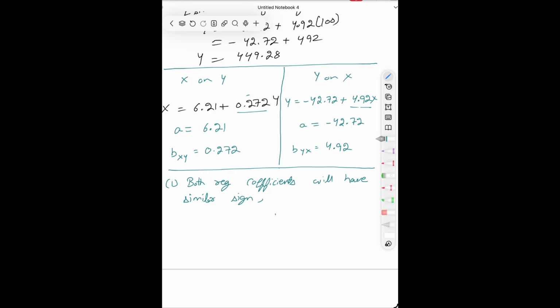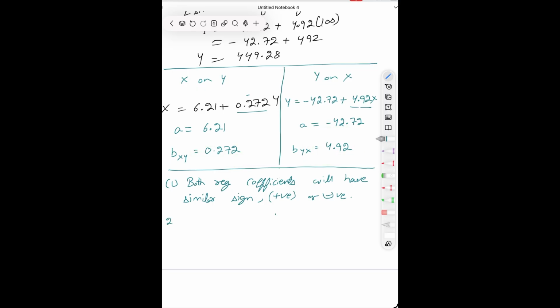That is, both will be either positive or negative. It is not possible that both have different signs, that is, one is positive and another is negative. You can see in our case also, both bxy and byx have a positive sign.